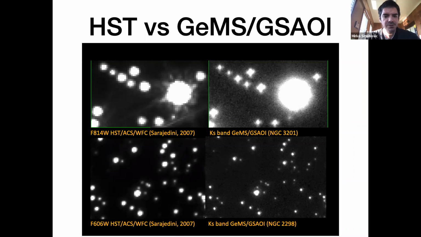On the left, you have the same image, but taken with HST. On the right is the image taken with Gemini and its multi-conjugate AO. So now we are approaching the type of resolution that we can obtain with Hubble. We can do this from the ground, using adaptive optics. So the point of this is that we can now use this and study the dense cores of globular clusters.